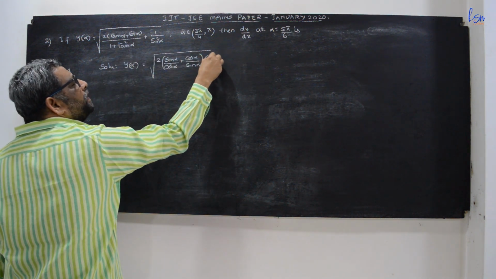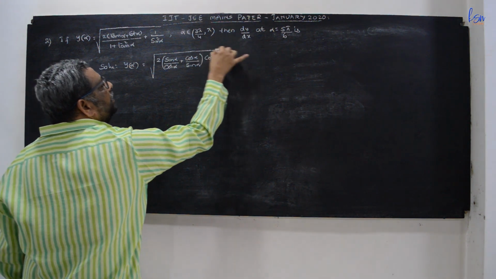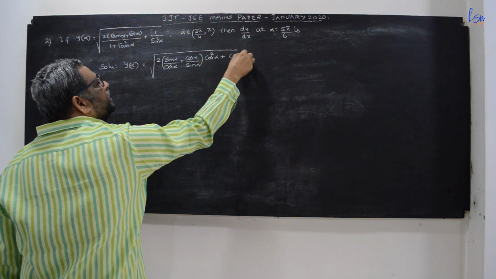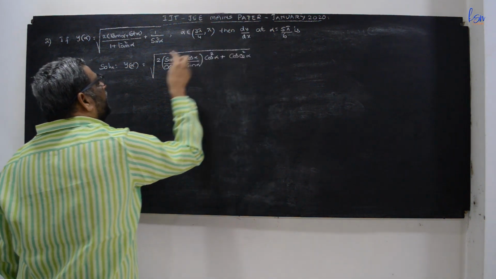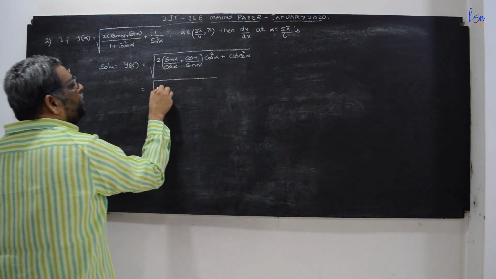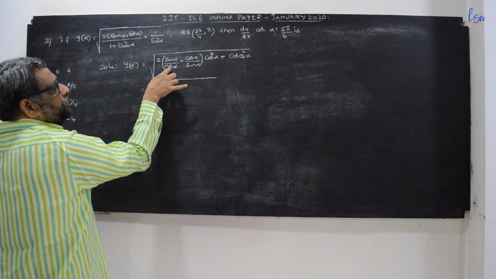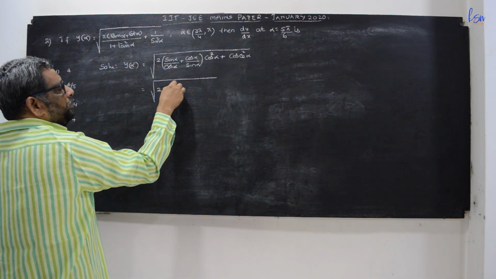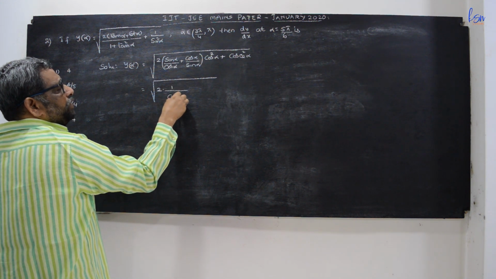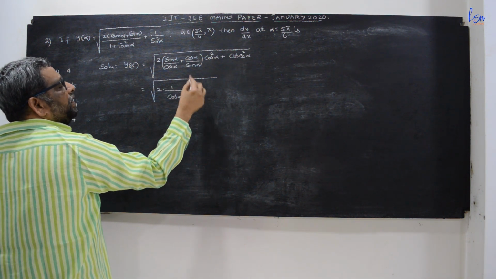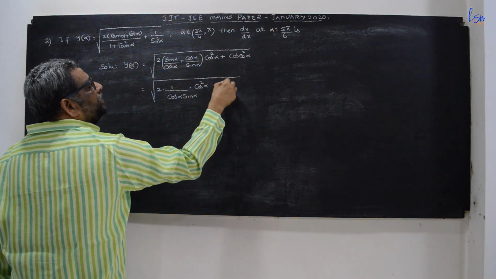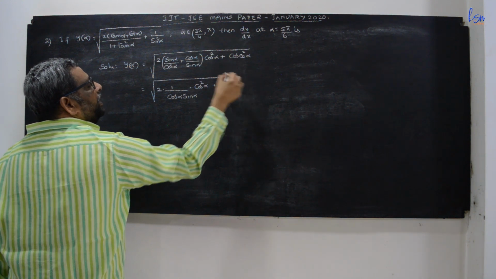If you take it in the numerator, it becomes cos square alpha, plus 1 by sin square alpha, which can be written as cosecant square alpha. Now this can be simplified as square root of 2 into (sin square alpha + cos square alpha, that is 1) by (cos alpha sin alpha) into cos square alpha, plus cosecant square alpha.